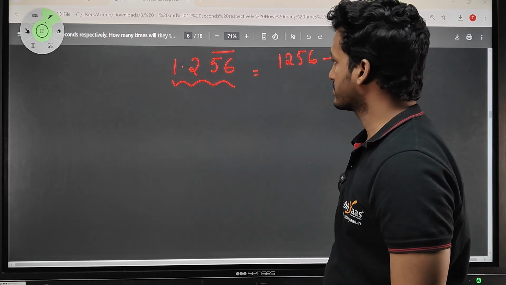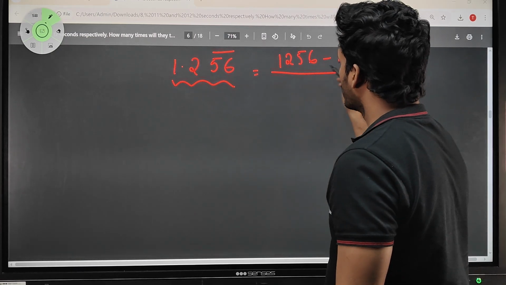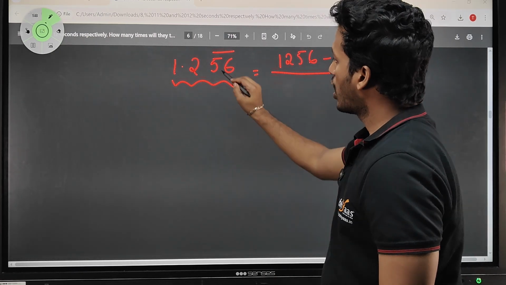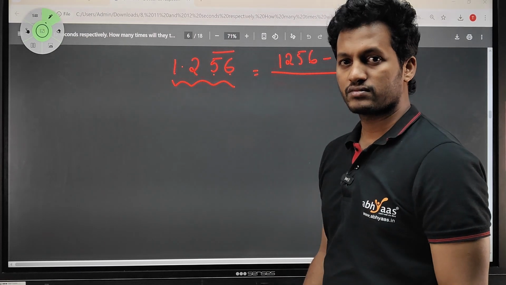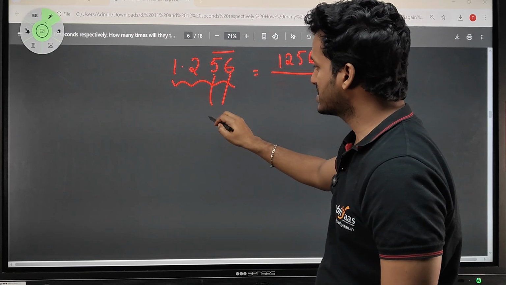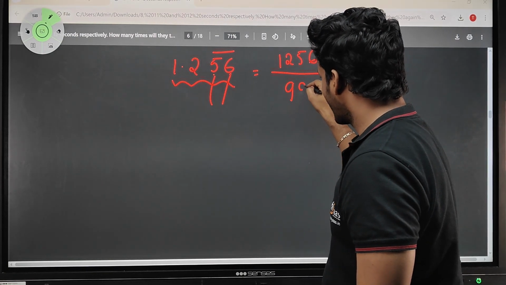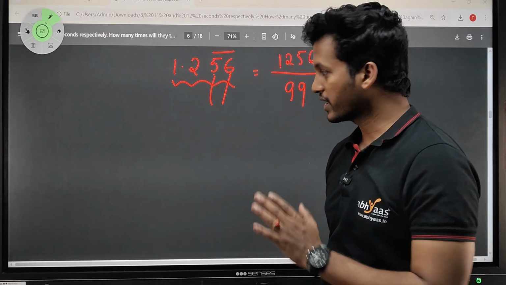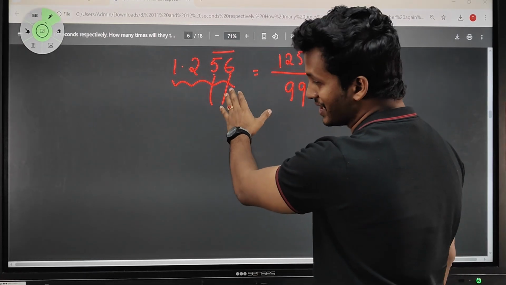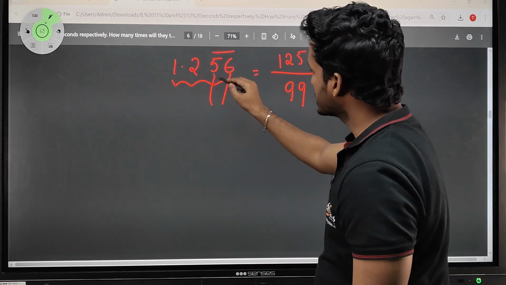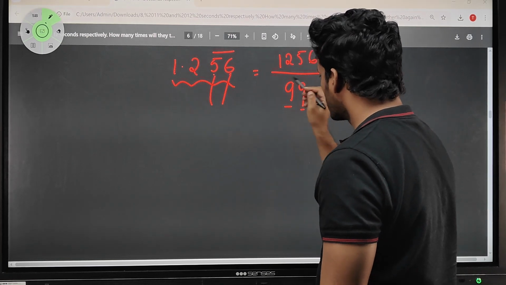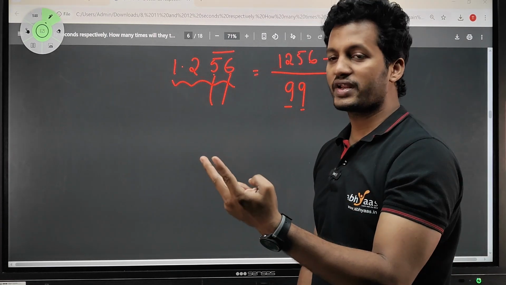Write them as they are. Now, divide it by how many numbers are repeating. 2 digits are repeating, so take that many 9s. How many digits are repeating after the decimal? 2 digits. So I am taking 2 9s in place of the 2 recurring numbers.